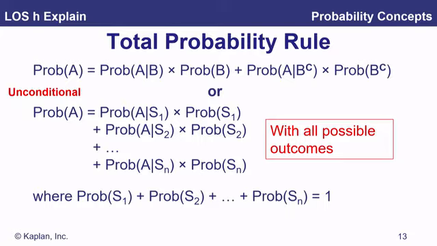Next up here is our total probability rule. Now, we're looking at our conditional probabilities here, and in our simple example, we've just got two possible second events, B and B with that C by it, the complement of B, which means basically not B. So if you've got the probability of A given that B happens, times the probability of B happening, and we add that to the probability of A happening given that B didn't happen, times the probability B doesn't happen, if we add all that up, we get the unconditional probability of A. And the intuition here is that's the only ways you can get A. There's only two states of the world here: B happens and B doesn't happen.